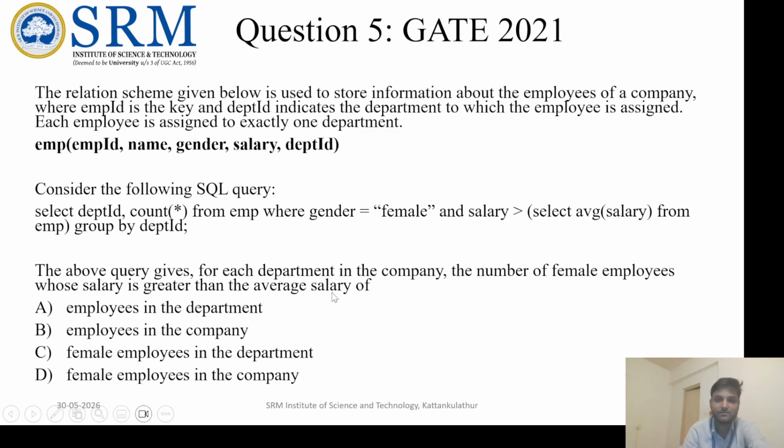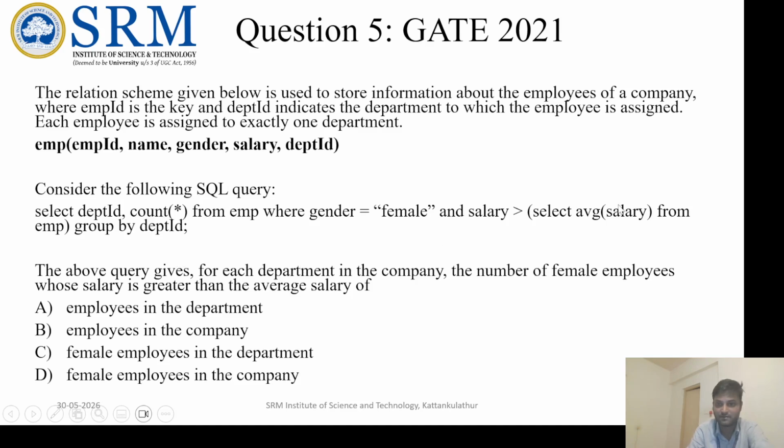Obviously we can understand that it applies only to female employees, that is gender equals female, and then the salary is greater than something. About this group by department ID, just think of department ID as another attribute to print in the outer query. That's why group by department ID. So for each and every department, the number of people who are female and whose salary is greater than something will be printed.